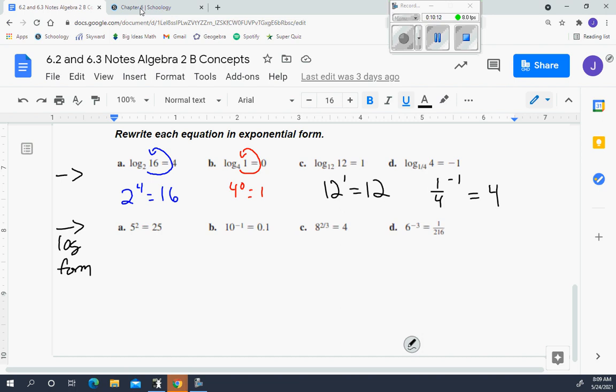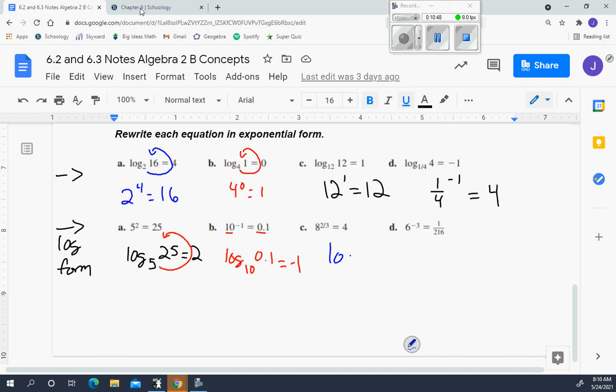Okay, this is log base 5 of 25 equals 2. Because I know that, again, if I were going in exponential form, 5 squared equals 25. Next one, left side, log base 10 of 0.1 equals negative 1.